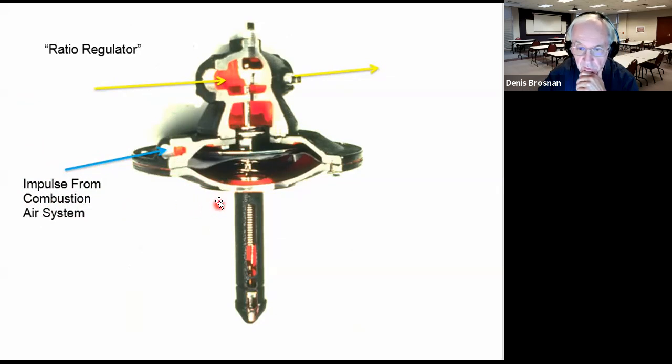Now you can see that this ratio regulator has a spring in it, and it's adjustable. Now all these regulators are designed so that if the spring fails, which is rare, the valve will close. It's going to fall down. And that's just a safety feature of regulators.